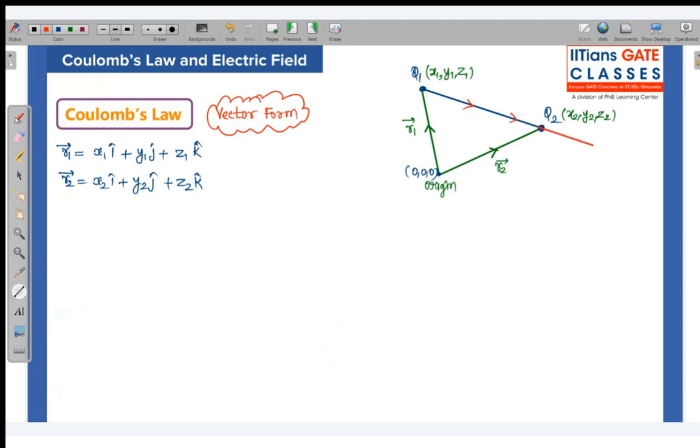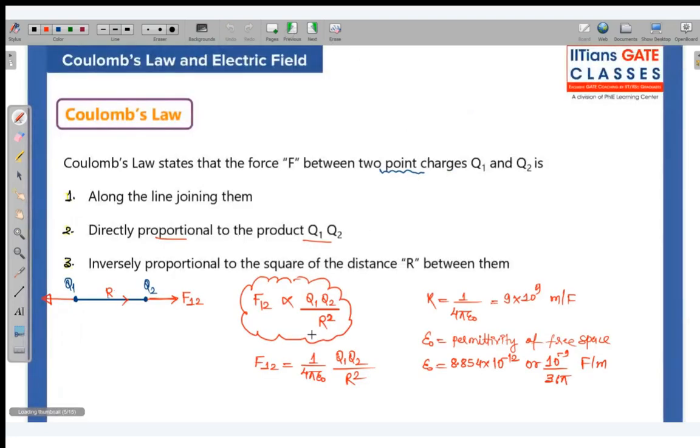Whether it is positive or negative, you should always write the direction in this form where you are joining the line. When we were preparing for JEE, we used to have the formula always like this, and we used to calculate the direction according to the polarity between the charges. If they are like charges, they will repel, and if they are unlike charges, they will attract.